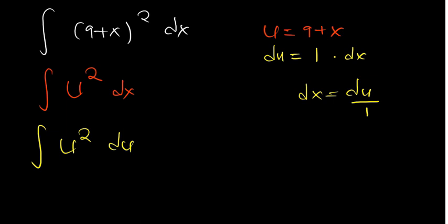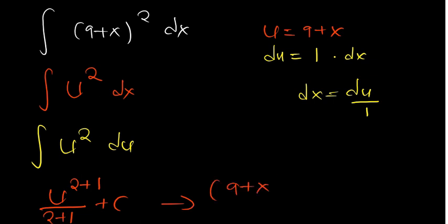So u squared, we'll add the power 1 divided by the same result, 2 plus 1, and then plus c, which of course our u, we know it was 9 plus x from the start. Yeah, the power 3 divided by 3 plus c. That's our result.